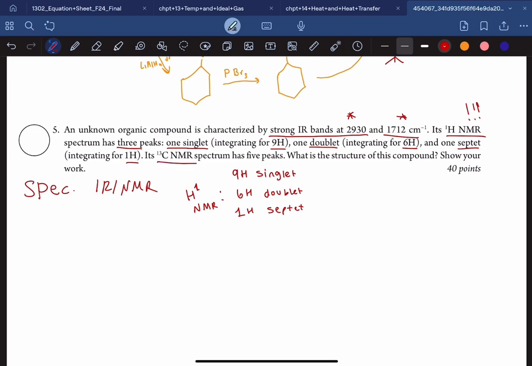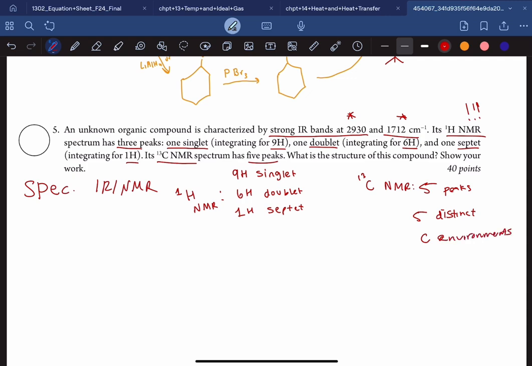And then the carbon-13 NMR has 5 peaks. Oh, this one should be on the other side, my bad. So 5 peaks means that there are 5 distinct carbon environments.